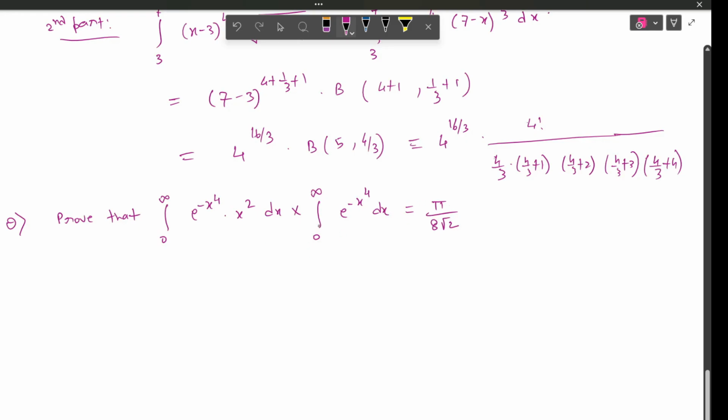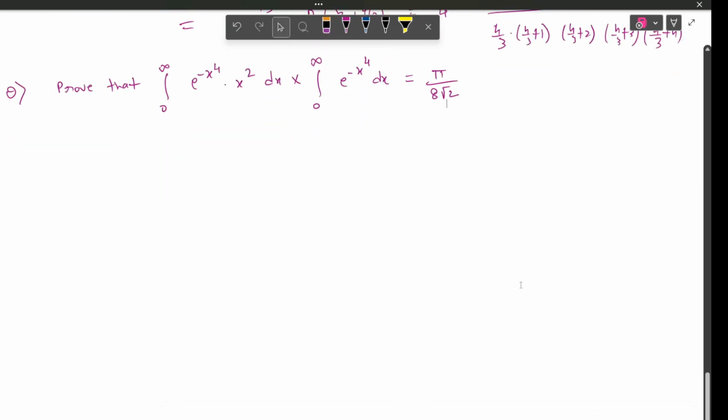Okay, we have to evaluate this integral. So let's see the solution and we'll wrap up after that.